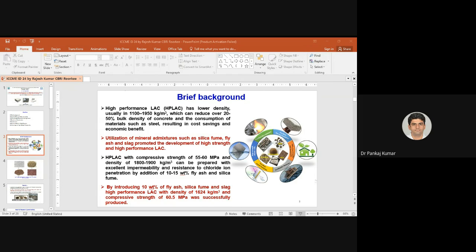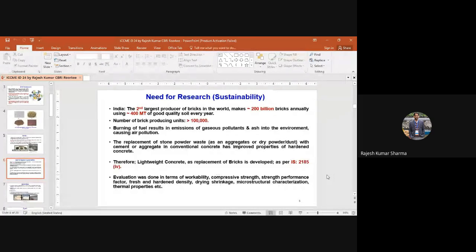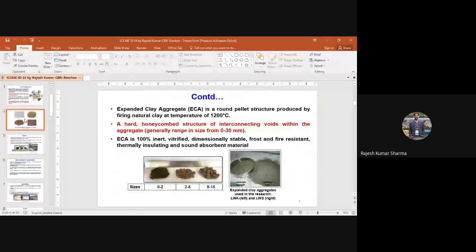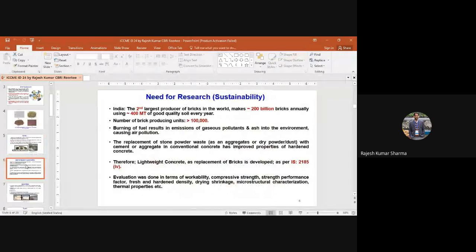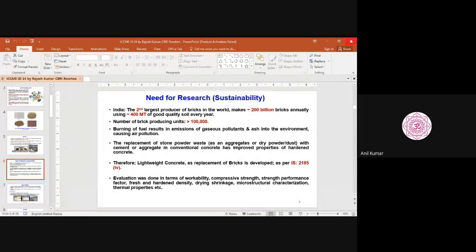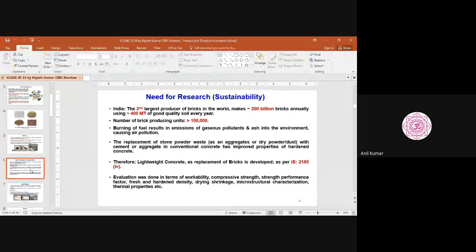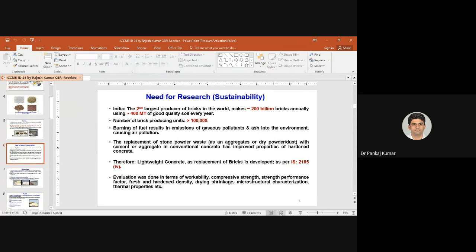Sorry to interrupt, Rajesh sir. Slides are not moving. At which slide? I am at slide number 6. Okay, I am reloading this presentation from another system. Can you give me 1 minute? No, I think you can change by clicking on the left hand side. Slides are visible. If you try to maximize the size, go to slideshow. Okay, maximize.